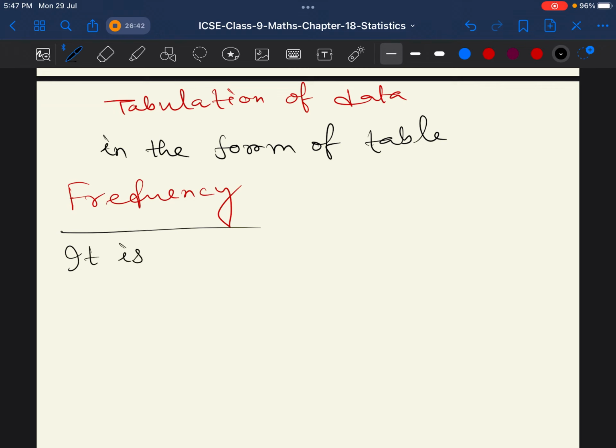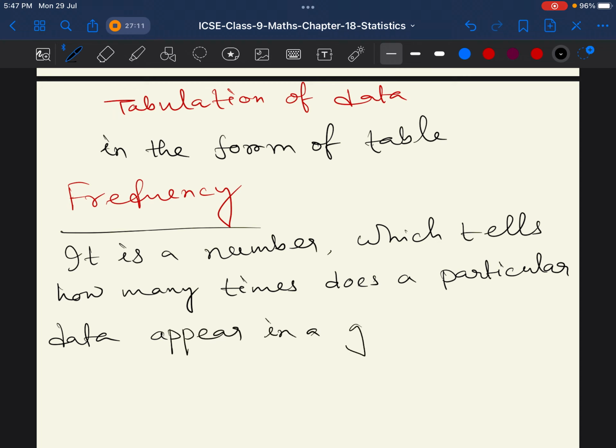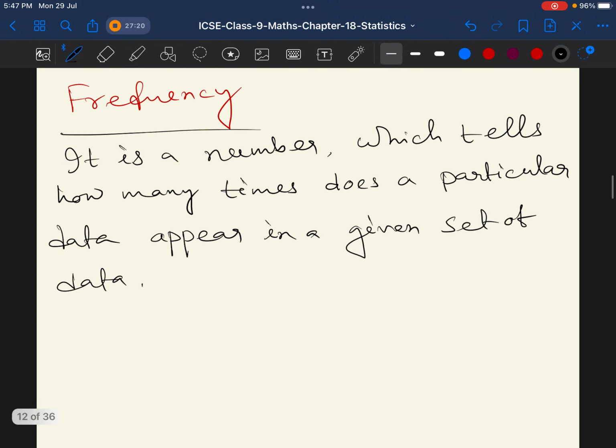So how many times the answer occurs, this is frequency.